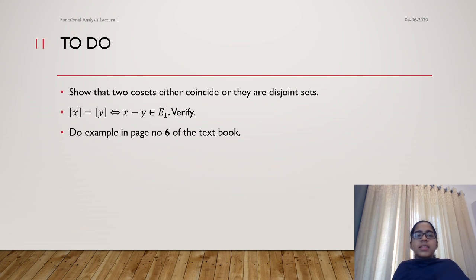These are the things which we can verify very easily. First, two cosets will always coincide or they will be disjoint sets. And the second thing is, two cosets [x] and [y] are equal if and only if x minus y belongs to E1. Try to verify these two things.